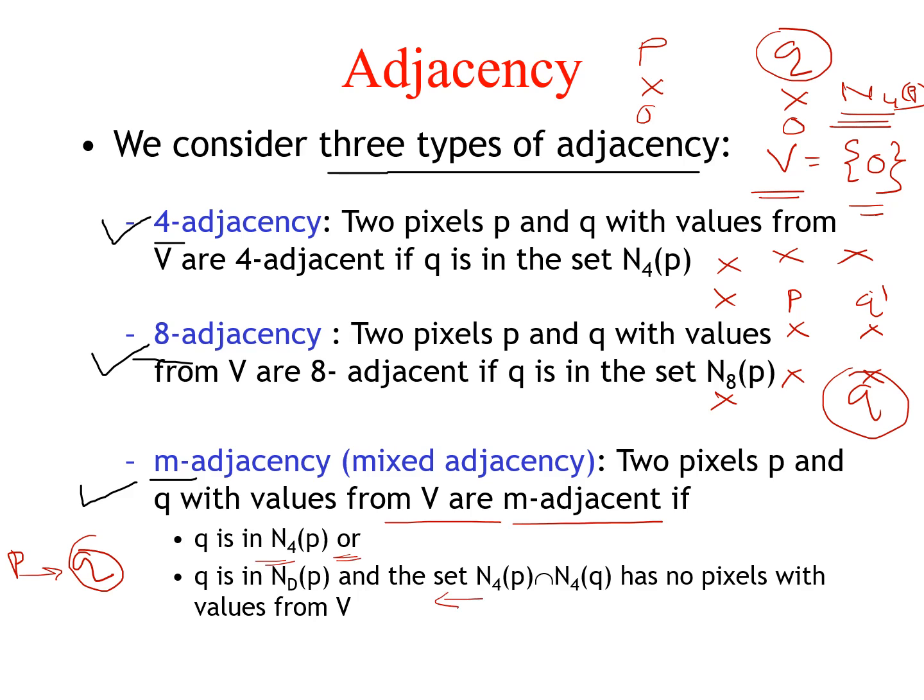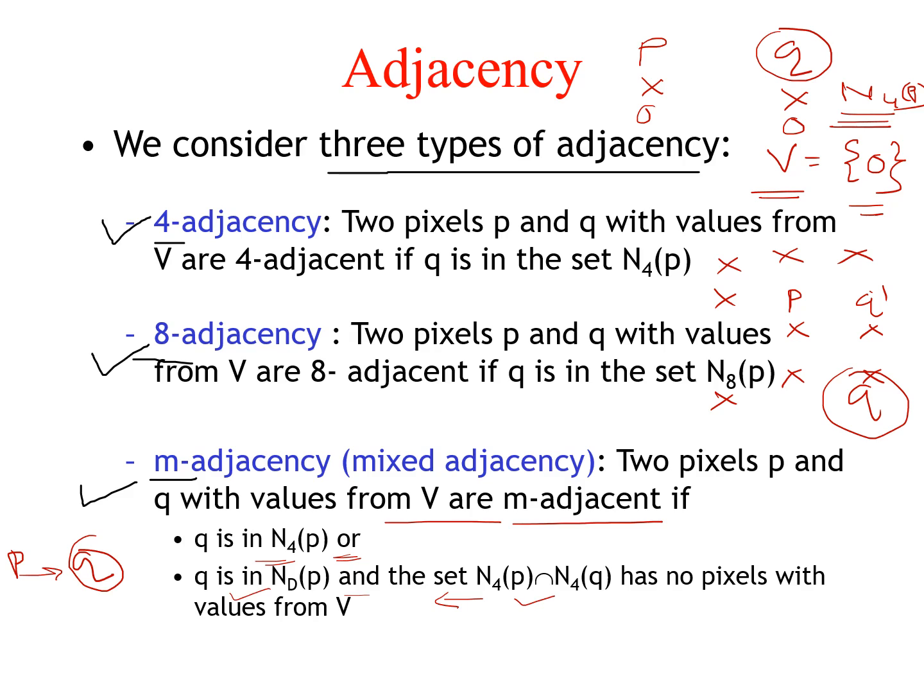What the next condition says is whether Q is in ND(P), means whether Q is a diagonal neighbor of P, and both the conditions should be satisfied, this and this.